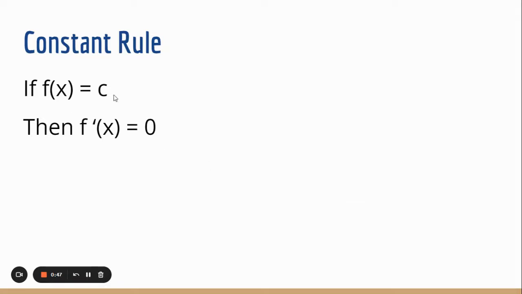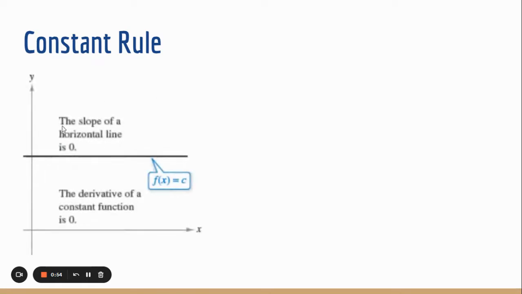So now if we think about it, hopefully that is logical. Think about the graph of this and why it would make sense that the derivative would be 0. So if we have f of x equals 5, we have a horizontal line. Now, the derivative is the slope of the tangent line.